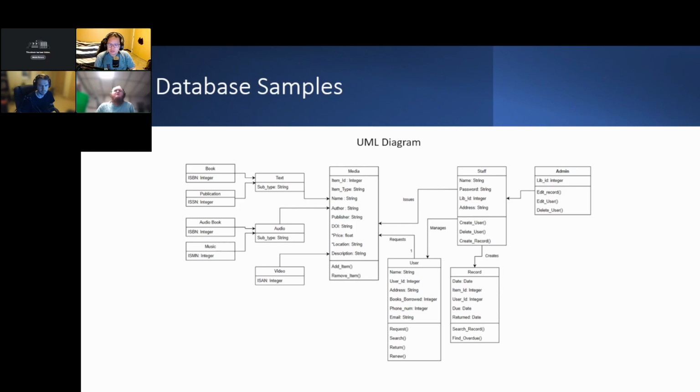Over to the right, we have the staff that can interact with the users and the record, and the admin also inherits from the staff. And then we have the record to store what books are borrowed by who, when they're returned.